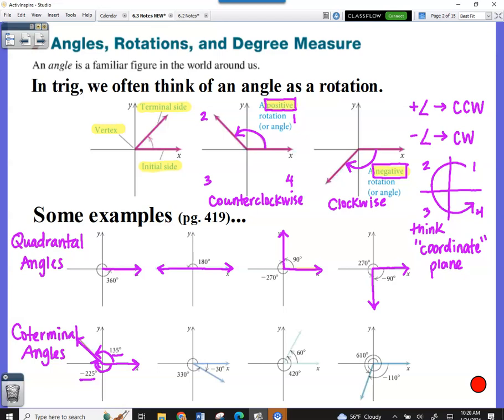If you were to open up a positive 135 angle, and then on the same coordinate plane open up a negative 225 angle, they land in the same spot. Just like over here, negative 90 lands in the same spot as positive 270. So those two angle measures are called coterminal.